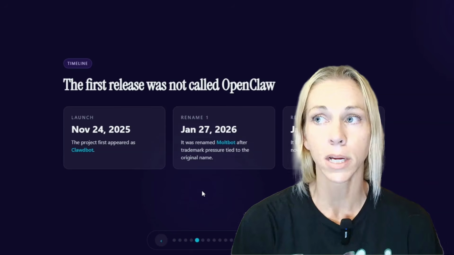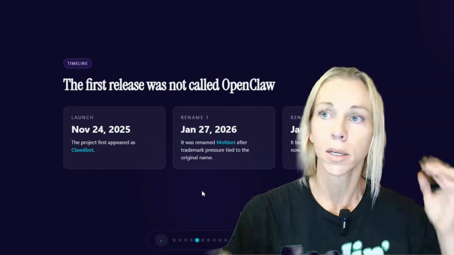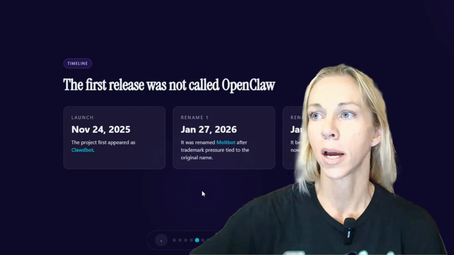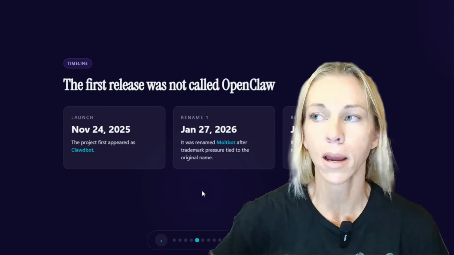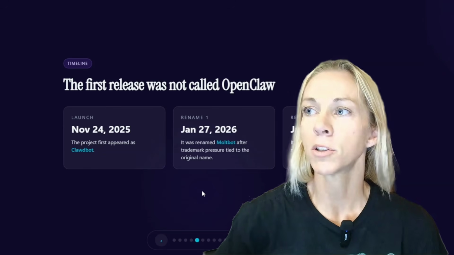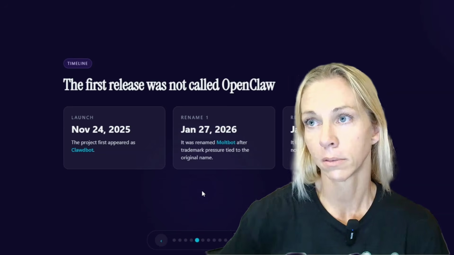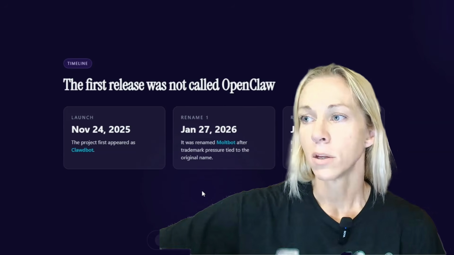Okay, so then he agreed and he renamed it Moltbot because he wanted to keep the claw concept, because there was trademark pressure tied to the original name because of Claude AI. And then on January 29th, it became OpenClaw. Okay. And that's the name being used right now.